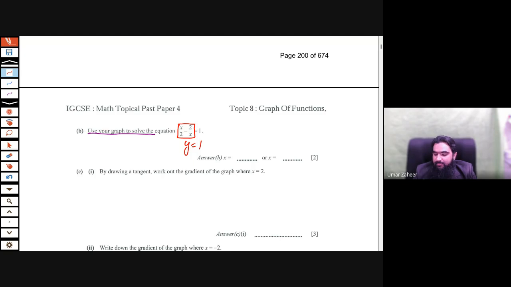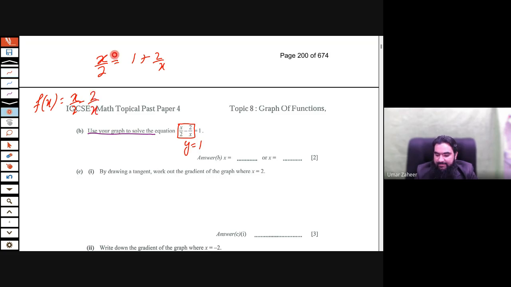For example, if it is given that x divided by 2 is equal to 1 plus 2 over x, and you want to make it exactly equal to f of x is equal to x over 2 minus 2 over x, what will you do?